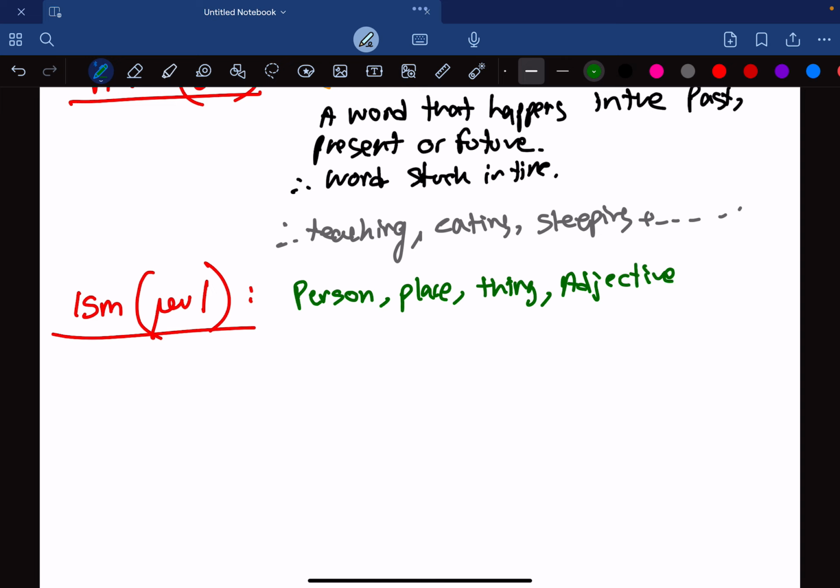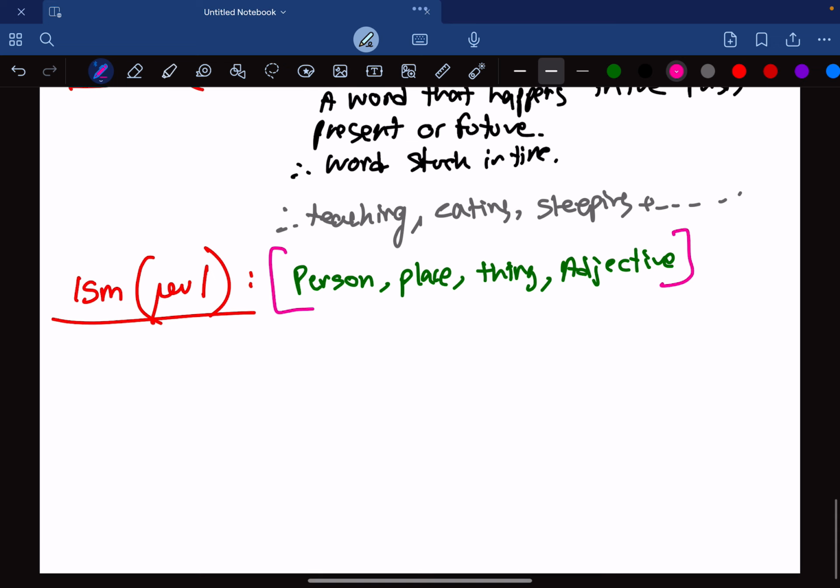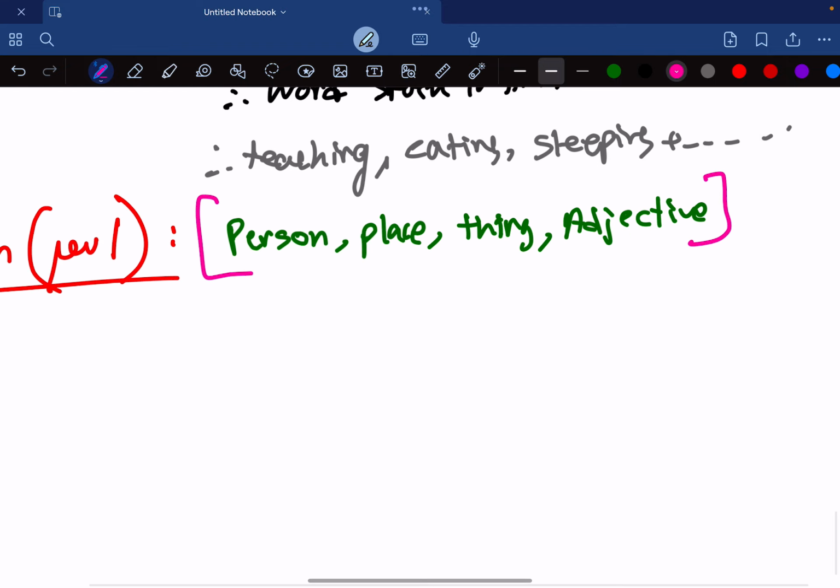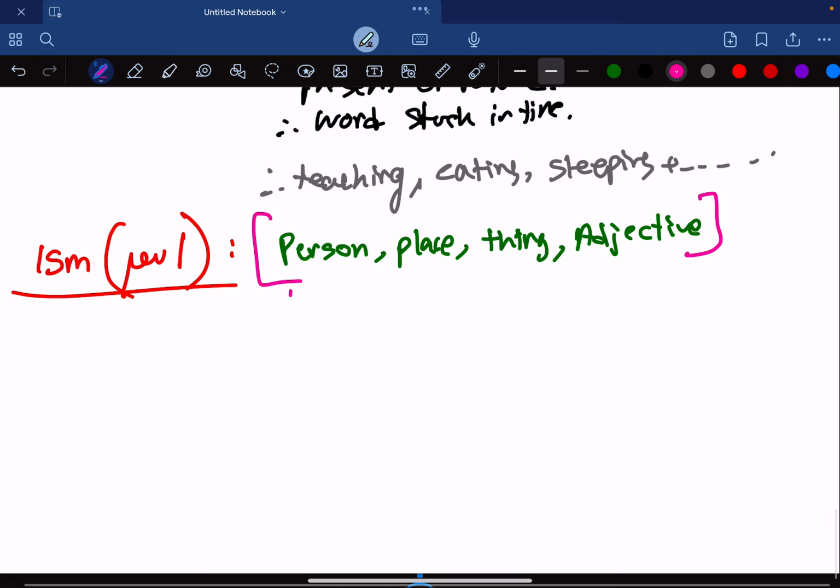Now, what does this sound like? Again, basic, simple English grammar. No one likes English grammar classes, the most boring classes out of all the subjects. But haven't you heard these terms in a sequence? Person, place, thing, adjective. What are they called?